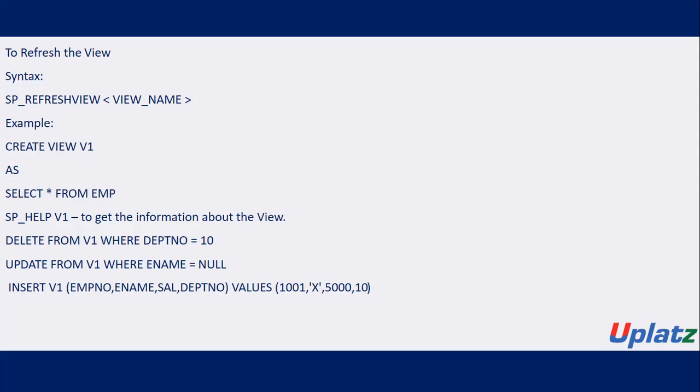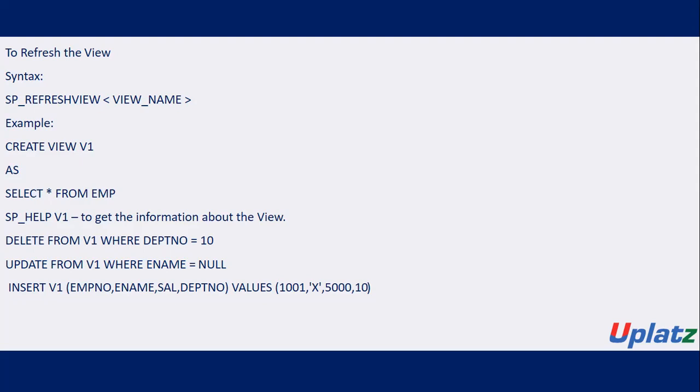We are not deleting them directly from the table employee, but instead we are using the view that is created on the table employee. Next one is update v1 where employee name is equal to null.